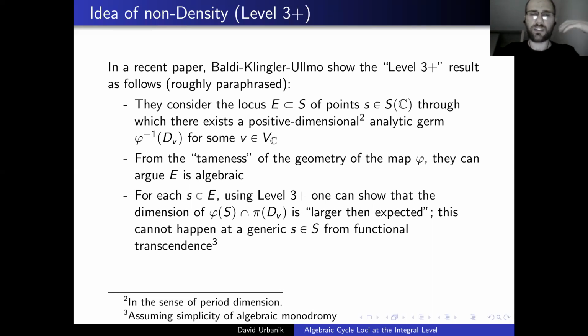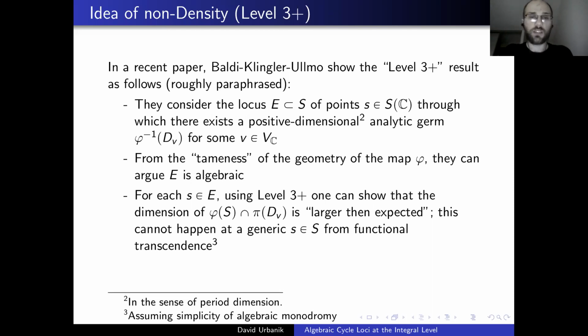The reason that these intersections are larger than you would expect comes essentially from Griffiths transversality constraints, if you're familiar with the Hodge theory. And so there are some theorems in Hodge theoretic functional transcendence, in particular the Ax-Schanuel theorem, that show that at a generic point of S, this can't happen.